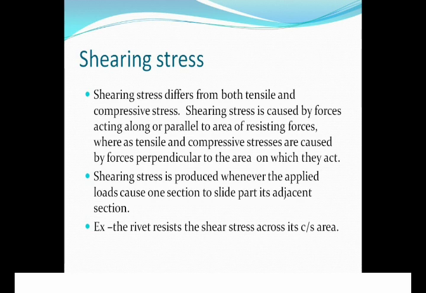Shearing stress is produced whenever the applied force or the applied load causes one section to slide past the adjacent section. With the example of the rivet, we can see what is the shear stress across its cross-sectional area. So we can see that in a rivet, when two forces are acting on an element, how the shear stress occurs and where it occurs on the element.